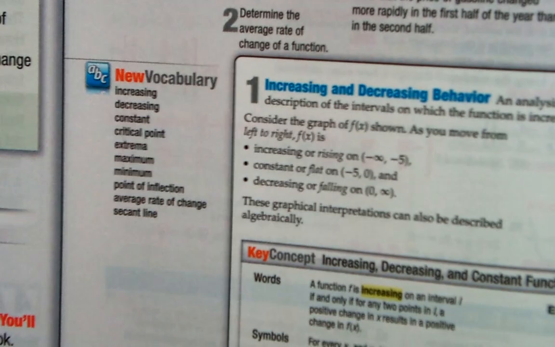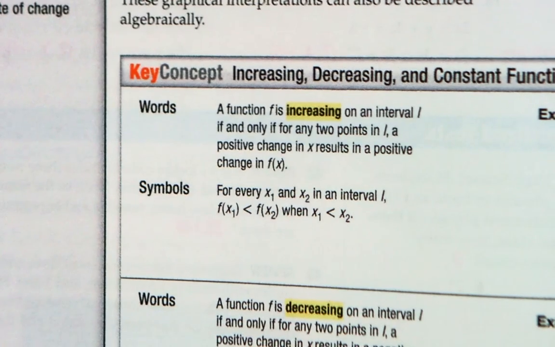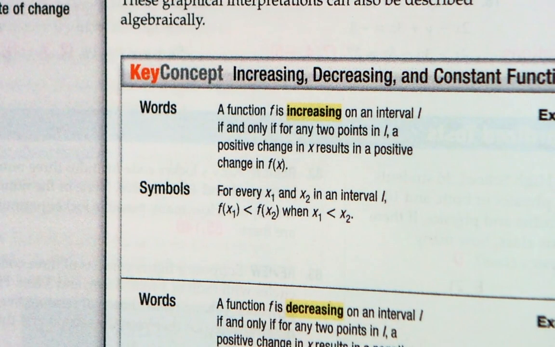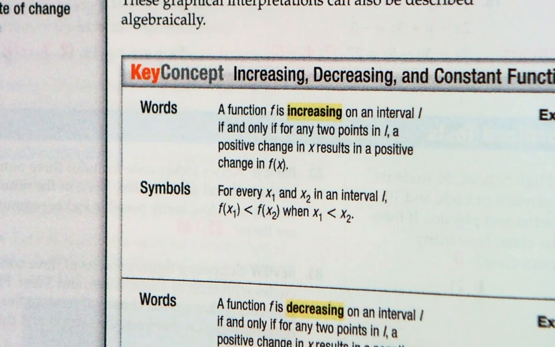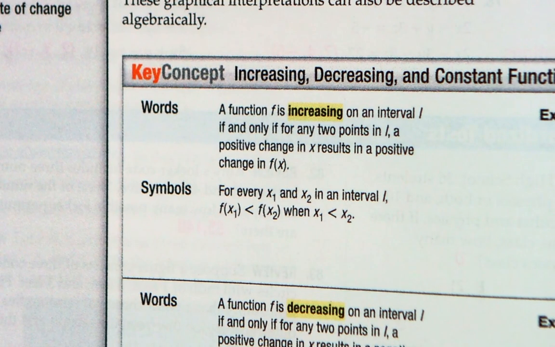You want to talk about funky definitions? A function is increasing on an interval I if and only if for any two points in I, a positive change in x results in a positive change in y. That kind of makes sense. If you increase the x, your y increases.